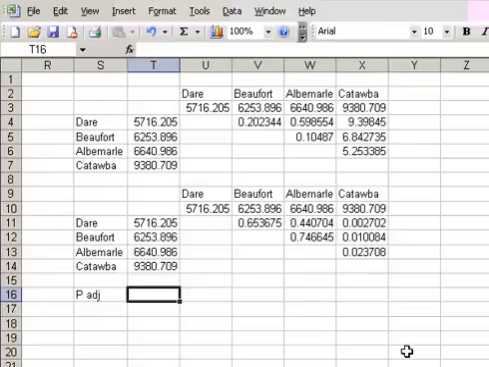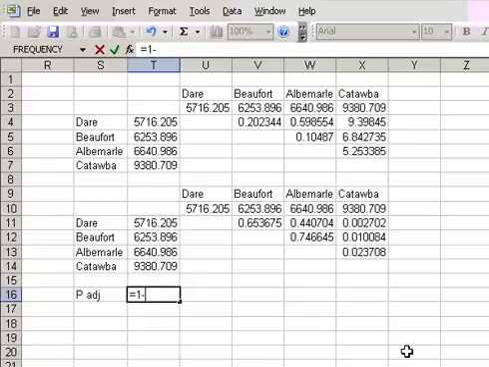So in order to get the adjusted probability, we'll say equal 1 minus, and alpha is 0.05, and then we will raise that to 1 divided by the number of tests we have made, which is 6.